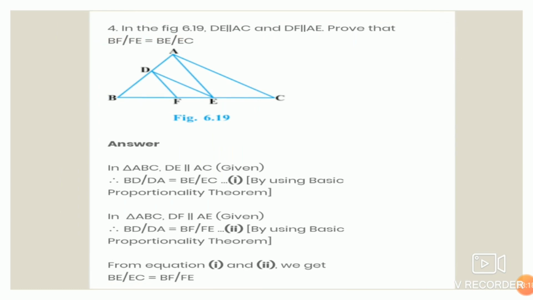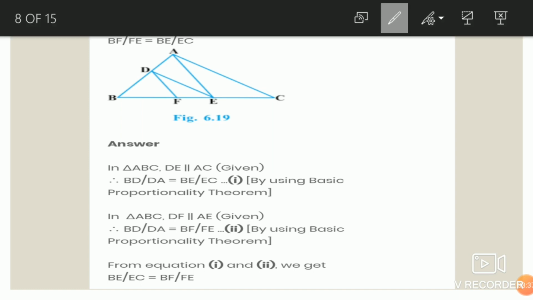Question number 4. In the figure, DE is parallel to AC and DF is parallel to AE. Prove that BF by FE is equal to BE by EC. It is already given that DE is parallel to AC.